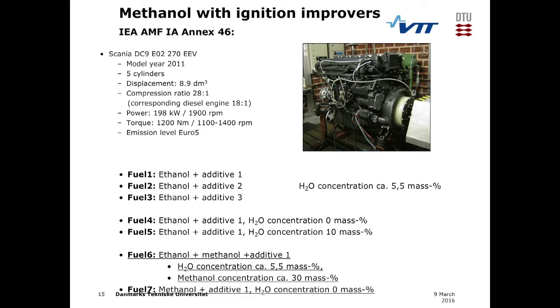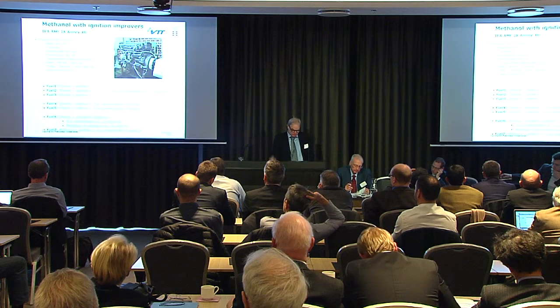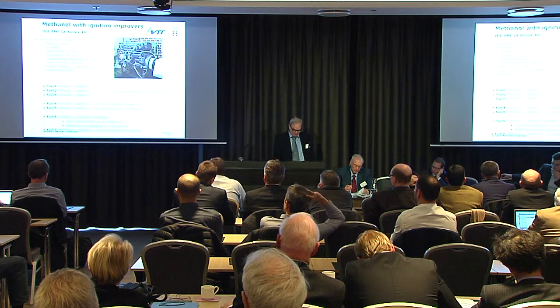So we took some of these additives, where additive 1 is a commercial one that has been known to work very well for many years, and then two new additives, additive 2 and 3, put it into ethanol and also methanol in the end. So you will see that fuel 1 to 5 is ethanol plus different additives and different water content.